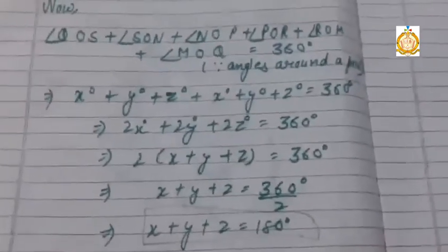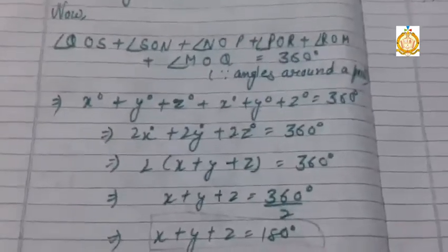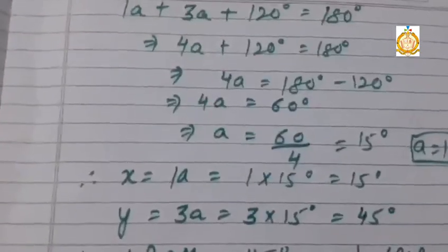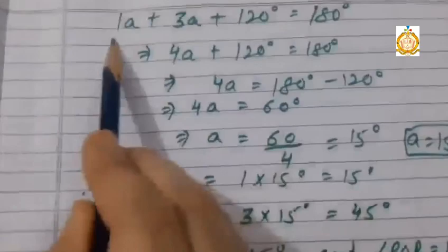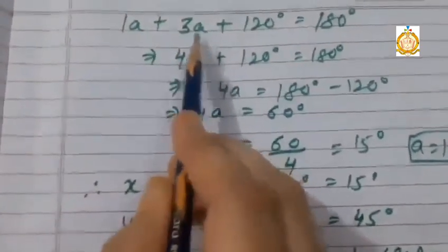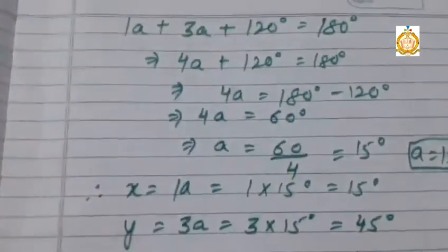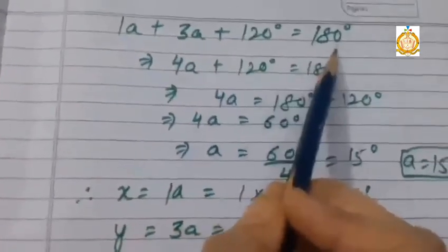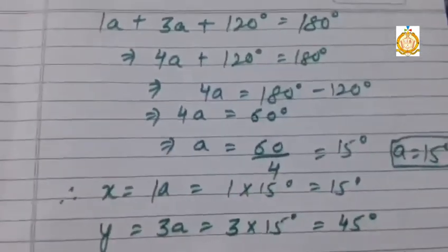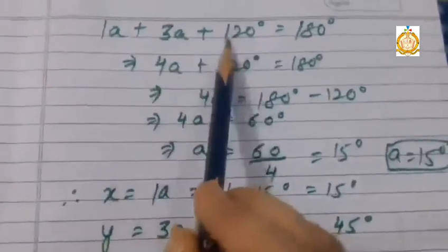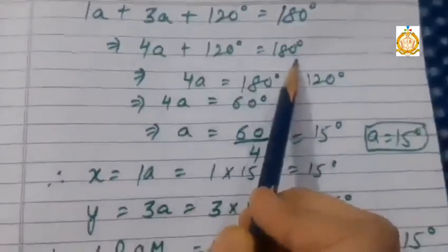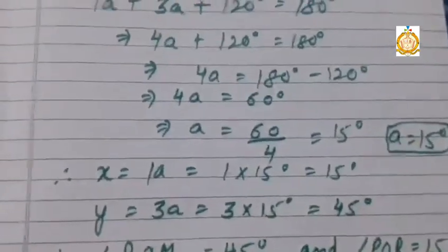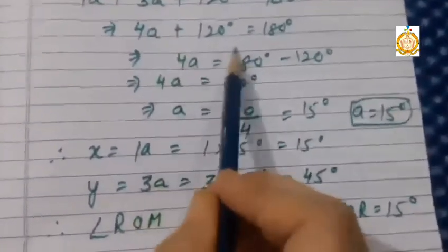Now we will put the values of x, y and z. We had considered x as 1a and y as 3a, and the value of z is 120 degree. So putting here, it is equal to 180 degree. 1a plus 3a is 4a plus 120 degree is equal to 180 degree. 4a is equal to 180 degree minus 120.